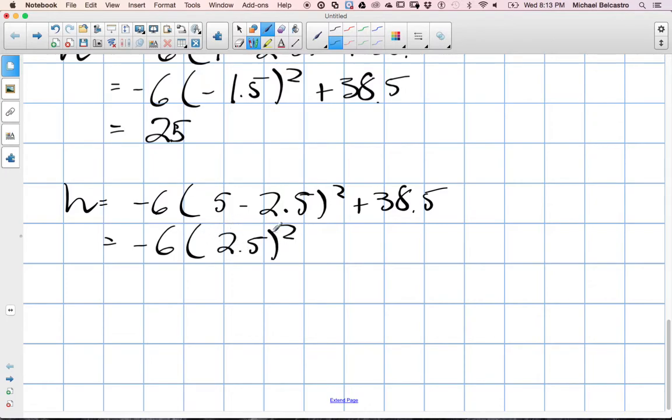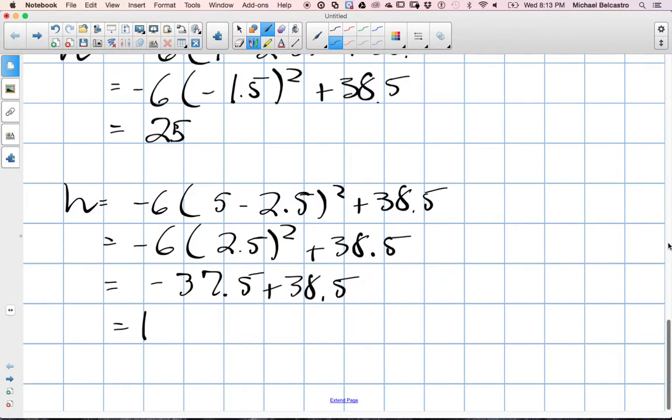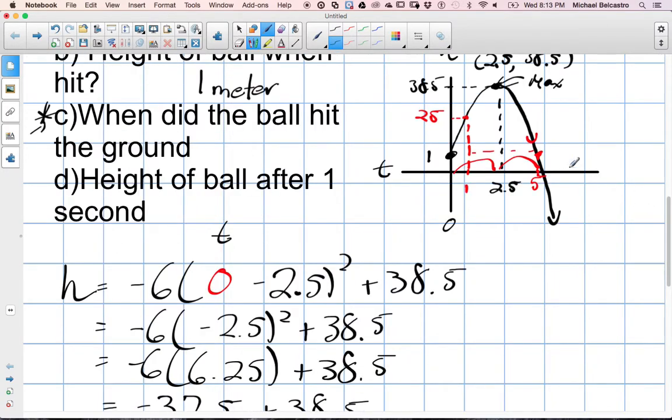And negative 2.5 squared is the exact same answer as positive 2.5 squared, so there isn't going to be a difference. So when I do all of that, we're going to end up at negative 37.5. You can check it on a calculator, but I'm going to tell you that's the number you're going to get. And then, lo and behold, we're back at 1, obviously on our way down now. So at 5 seconds, sorry, not 1 second, we're at 1 meter.